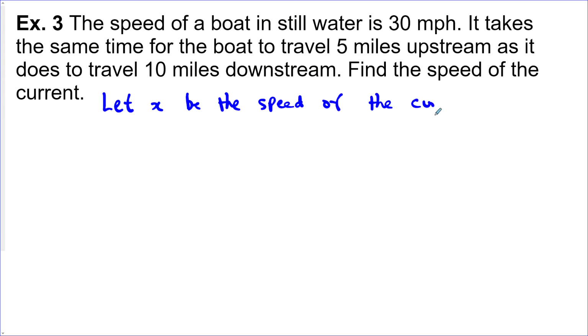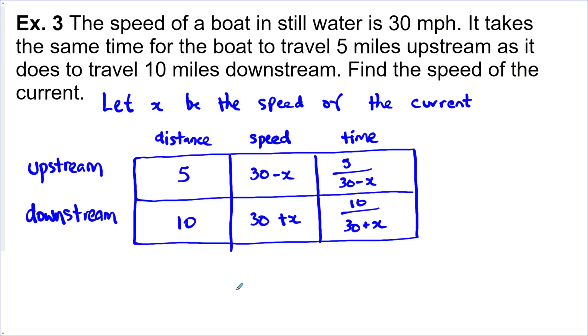And next we're going to organize the information from this question into a table. Like this. You see that the boat going upstream is slowed down by the speed of the current because it's like going uphill, and the speed of the boat is increased when it's going downstream, kind of like if it's going downhill.